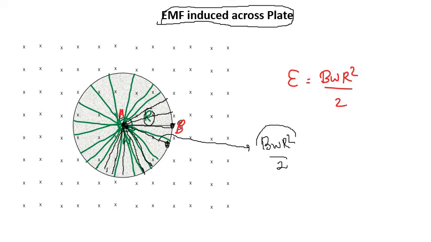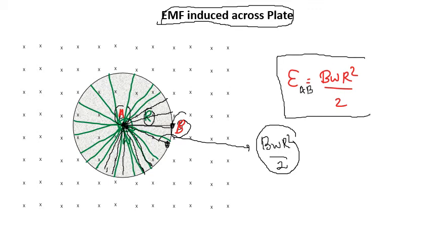And if you see, all these rods are connected in parallel because the center point is A and the surface is B. So if there are infinite number of EMFs whose value is the same and they all are connected in parallel, then the equivalent is the same EMF. So the equivalent between the center and the surface will be B omega r square by 2.